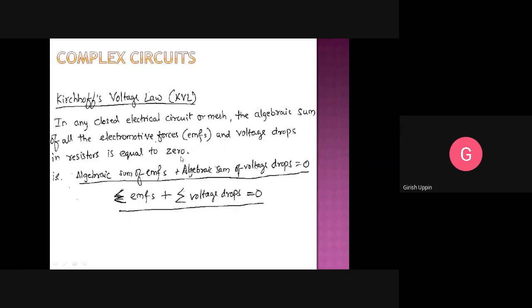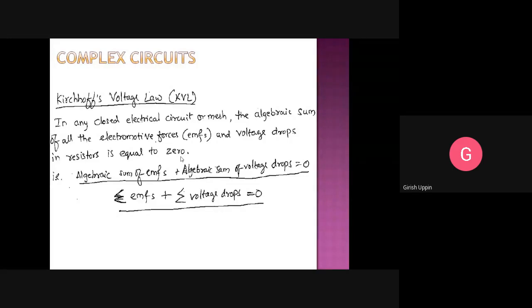Means what? In case of a closed electrical circuit or a loop or a mesh, the algebraic sum of all the EMF sources, like if I have 3 voltage sources, and the sum of all the voltage drops in the resistors. Suppose I have 3 or 4 resistors in that particular path.